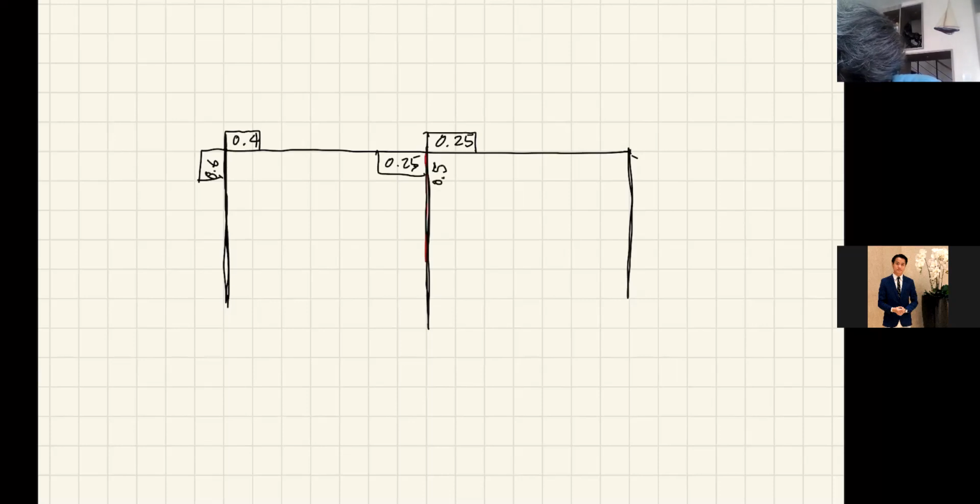Hopefully. And this is 0.4. And that's another 0.6 here. Okay, and we have the moment equal to minus 20 and a quarter here, and then 20 and a quarter there as our unbalanced moment. So let the fun begin now, right?